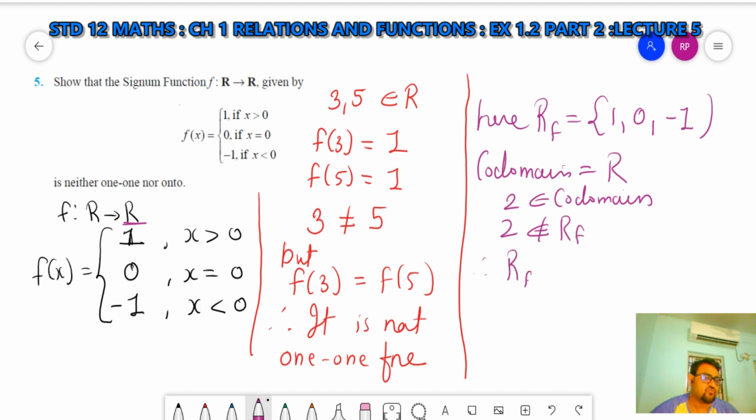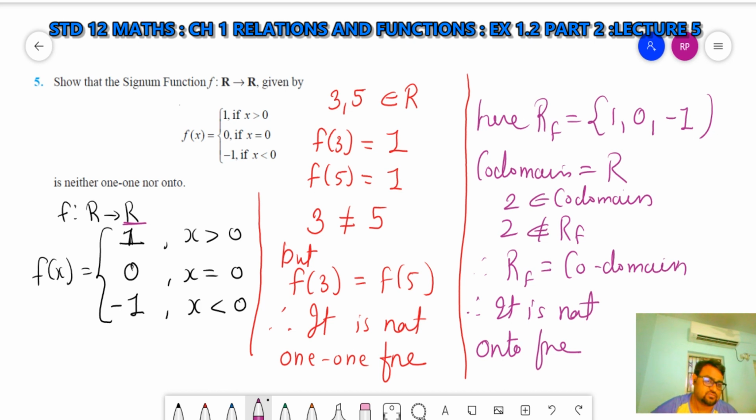That means the range of the function is a subset of the codomain, therefore it is not an onto function. Clear? Okay, so this was about question number 5, so note it down.